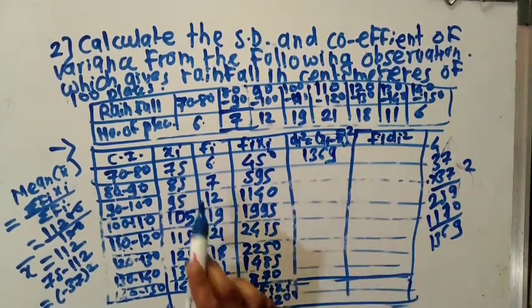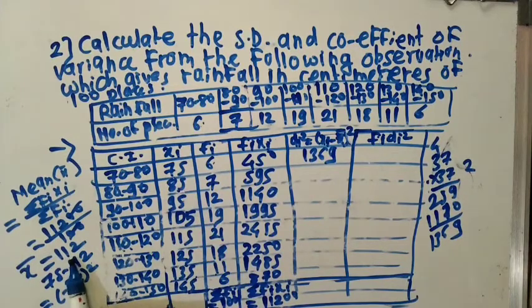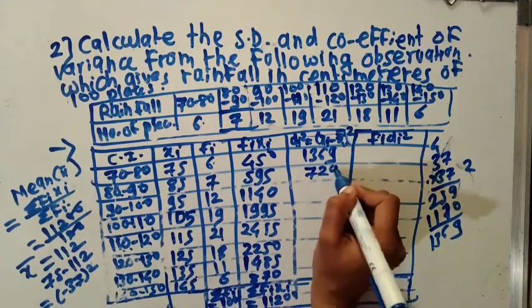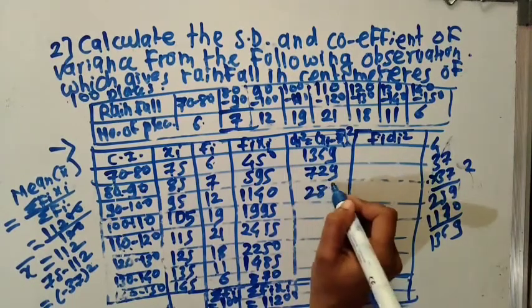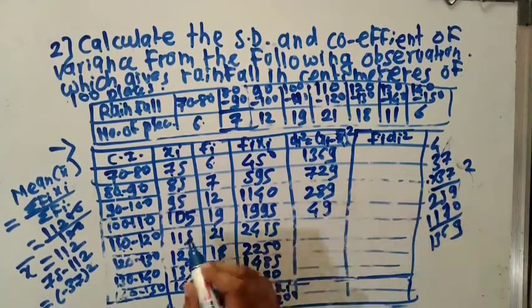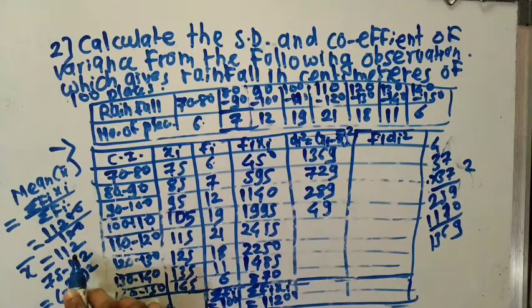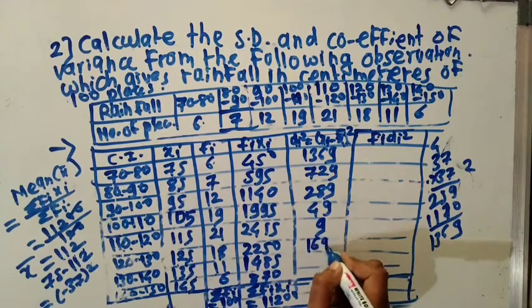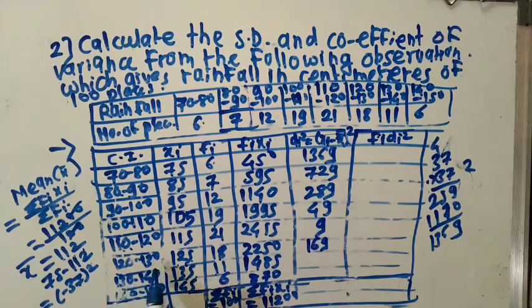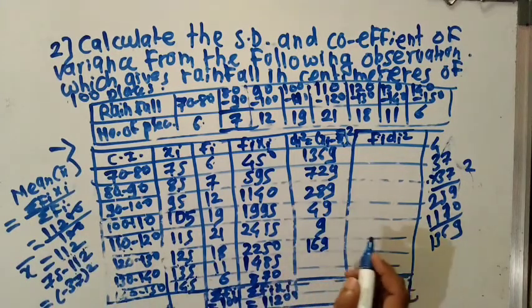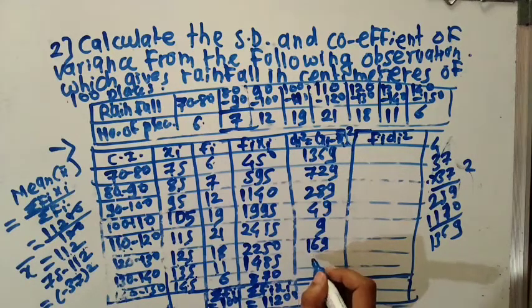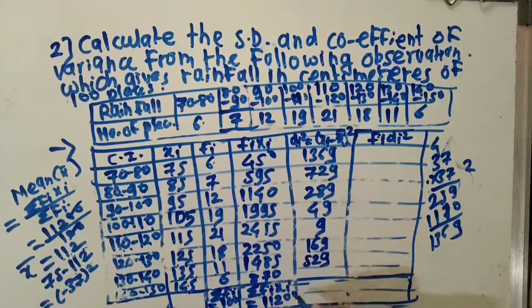Then 85 minus 112 squared is 729. 125 minus 112 and this square is 169, and 135 minus 112 squared is 529.